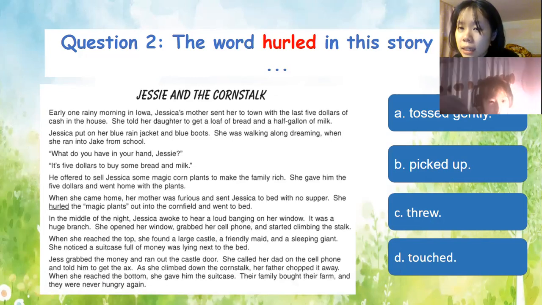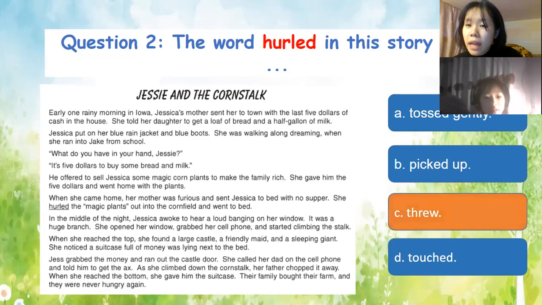A, B, C, D. Con nói nhỏ quá cô không nghe rõ. C? B. Hái à? The answer is C. Nó là ném mà. Từ hurled này có nghĩa là quăng.